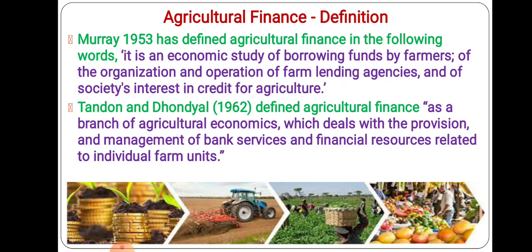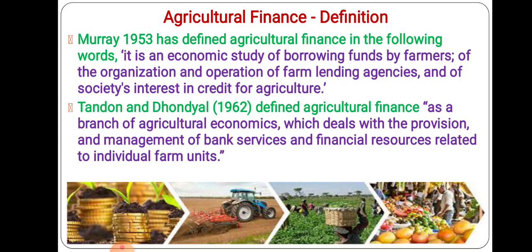Another definition is given by the scientists Tandon and Dhondyal in 1962. According to them, agriculture finance is a branch of agriculture economics which deals with the provision and management of bank services and financial resources related to individual farm units.